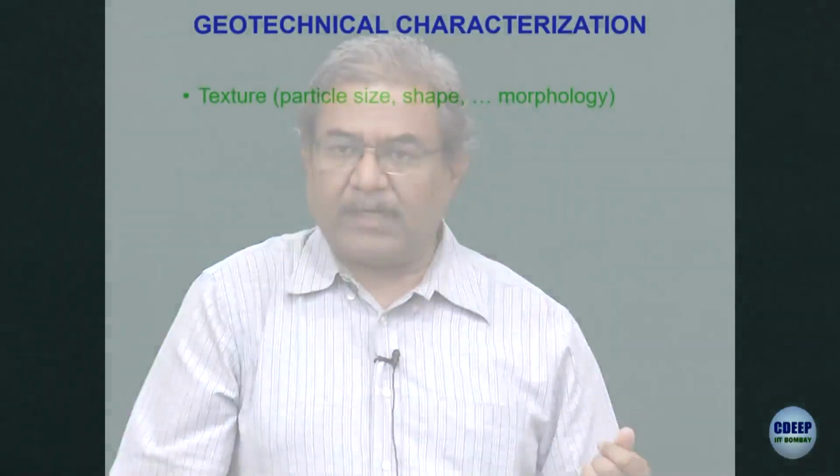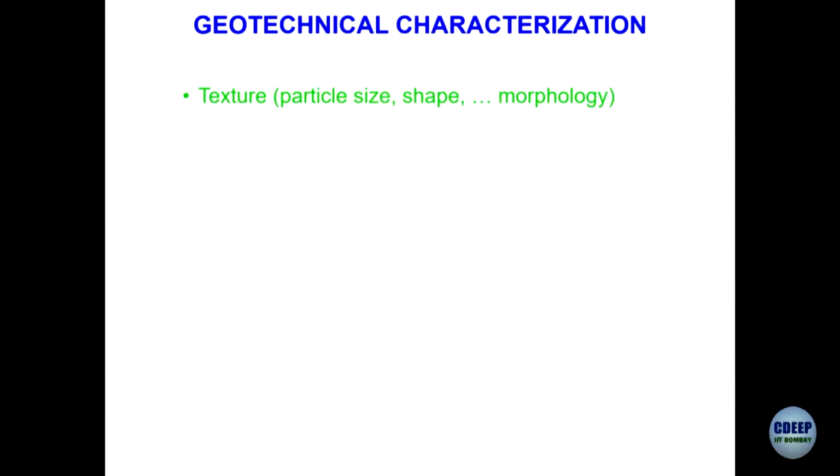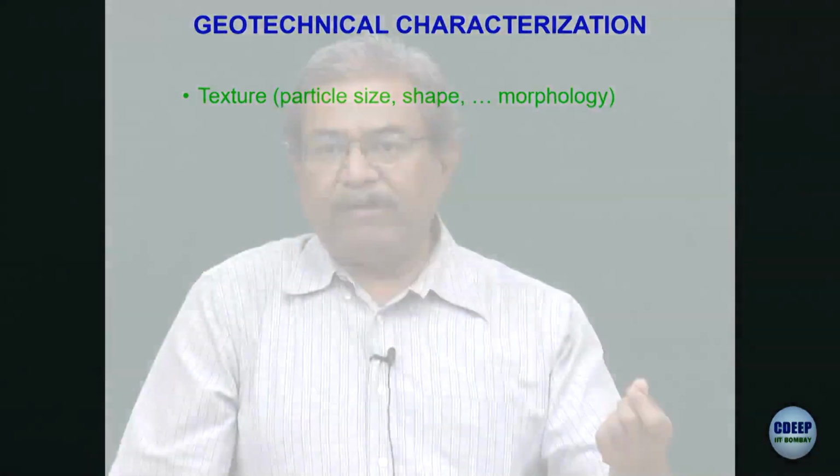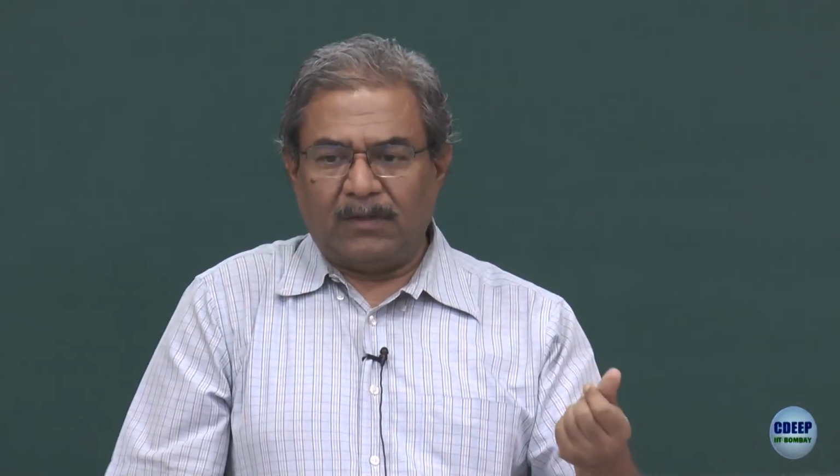As I discussed in the previous lecture, the first thing is the physics of the material. The physics of the material is its physical attributes, texture. You take the soil mass, rub it between your fingers or the palm, and you know what type of texture it is. It is smooth like talcum powder which you use for your skin, or the lotions which you use for rejuvenating your skin.